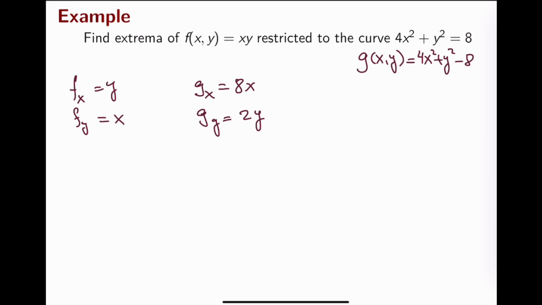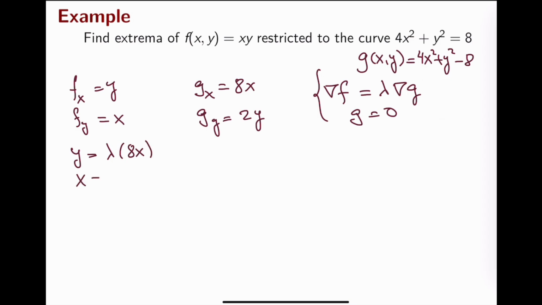Once we have these derivatives, we write down the system of equations that we saw before, given by the theorem. I remind you that the system is given by the gradient of f equal to a multiple of the gradient of g, and the condition g equals 0. In our case, y is equal to a multiple of 8x, and x is a multiple of 2y.